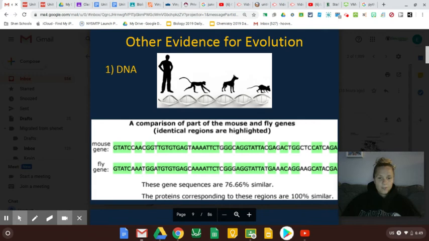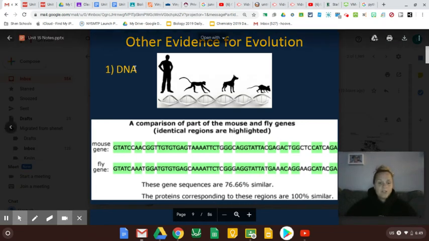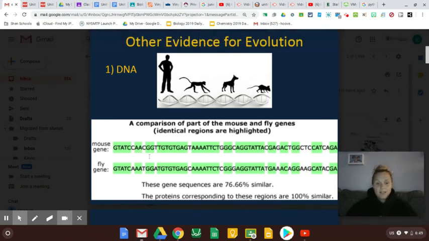So one piece of evidence for evolution is our DNA. It kind of indicates that we do have a common ancestor because our DNA is so similar. So if you take a mouse and a fly and you code their genome, or their DNA, you'll see a ton of similarities.